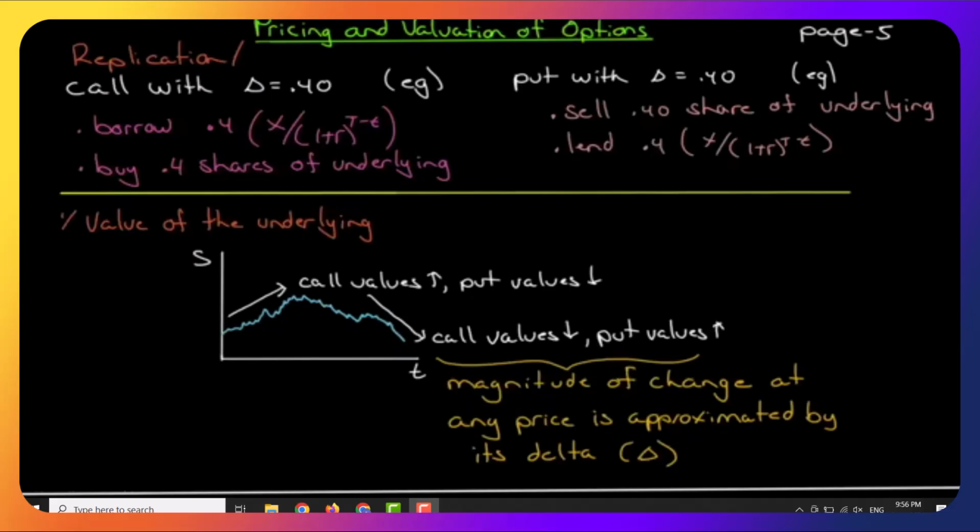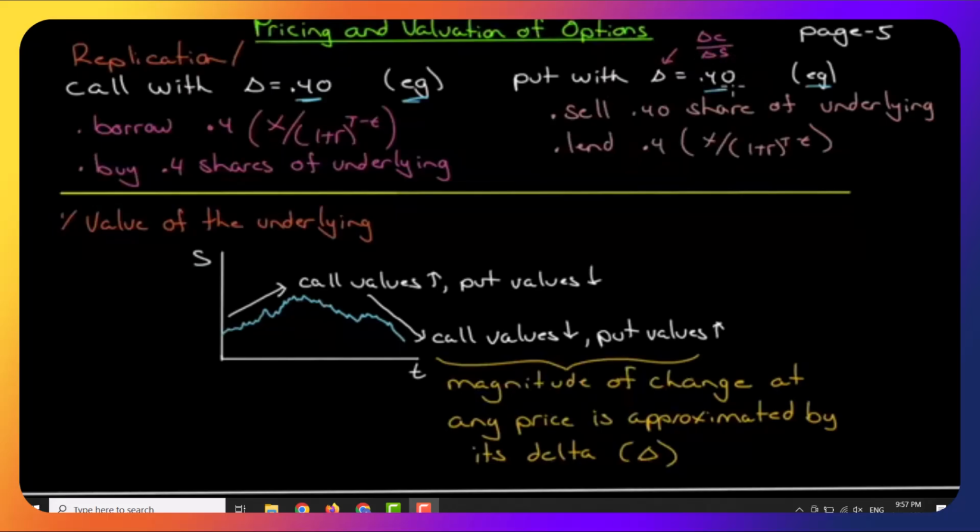Well, with options, it's a little bit different here. Let's say we see a call option with a delta of 0.40. This is just an example, okay? And we're going to do the same thing with a put with a delta of 0.40. The delta is the measure of the change in the call price for a change in the stock price. That's all it is.